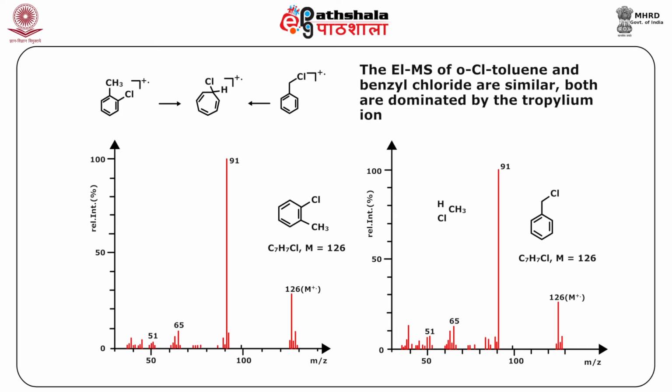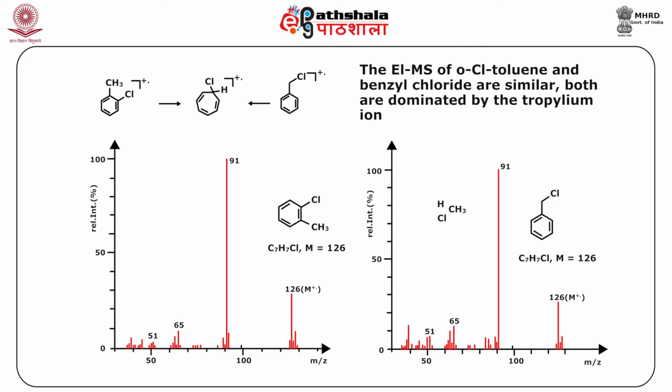Now you can see here in this figure the mass spectrum of ortho-chlorotoluene and benzyl chloride, and you can see how the tropylium ion is generated for both, and the molecular ion peak and the intensity of the tropylium ion m/z value is there in the mass spectrum.